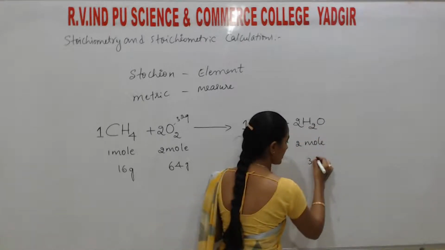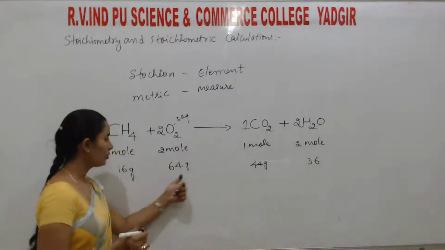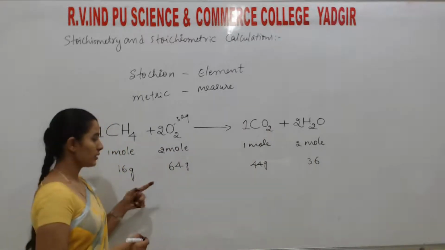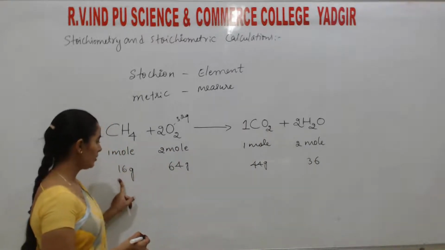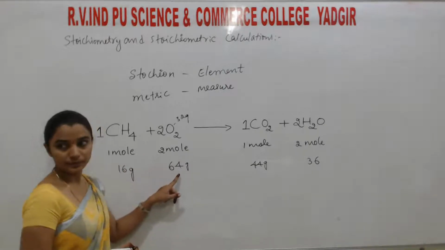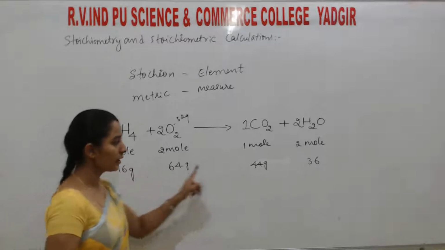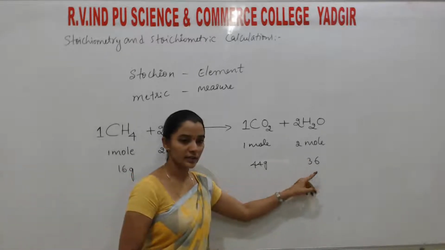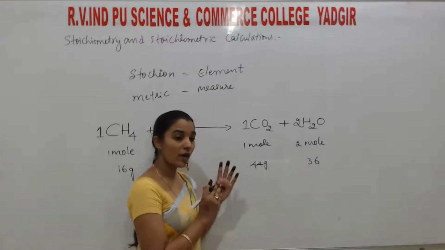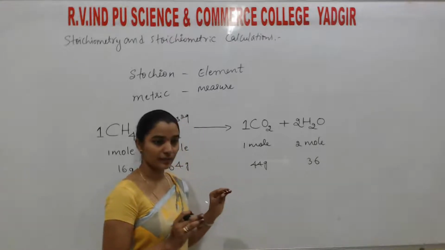That is 36 for 2H2O. So students, if you add both sides, you will get the same answer: 64 plus 16 means 80, and 44 plus 36 also means 80. So the law of conservation of mass is satisfied.